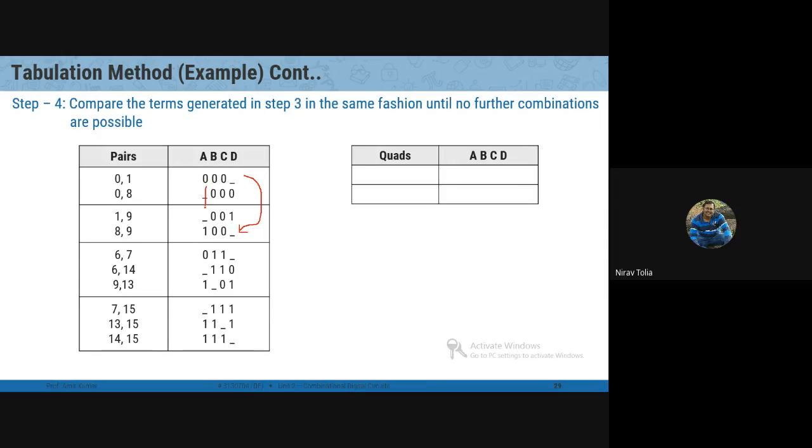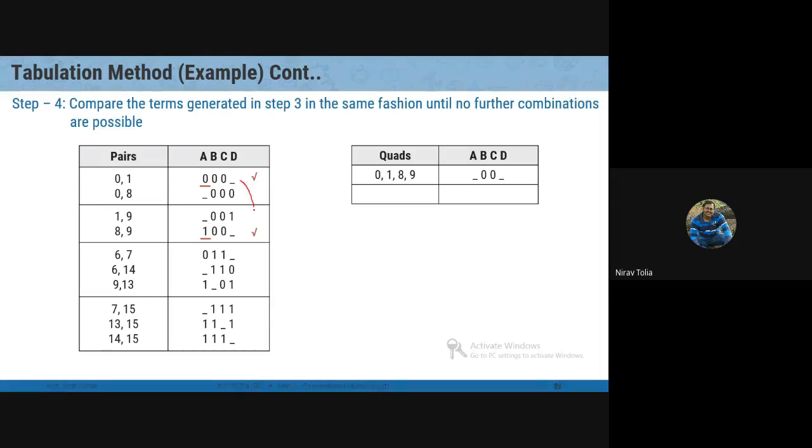My A is changing from 0 to 1, so one bit has changed, but B remains the same 0 and C remains the same 0. So only one bit differs, so the quad is possible: 0, 1, 8, 9.